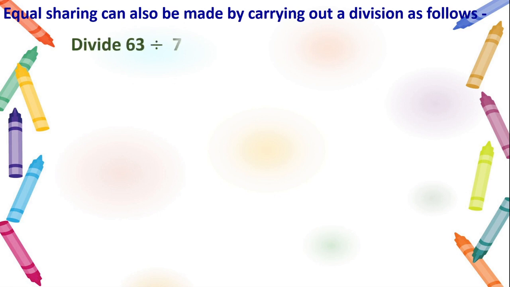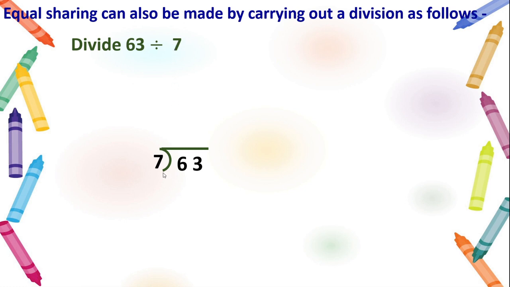Next, divide 63 by 7, or 63 divided by 7. Okay, here directly it is given. Okay, now we will write 63 divided by 7. You know that 63 is a dividend, 7 is a divisor.